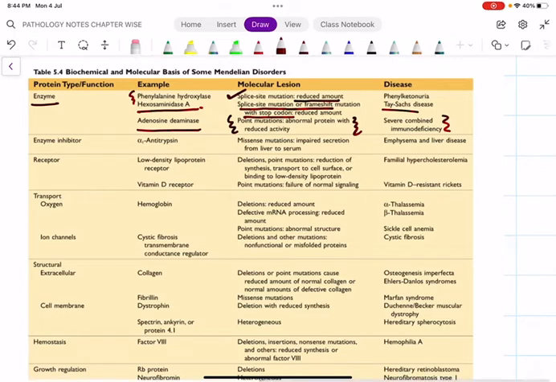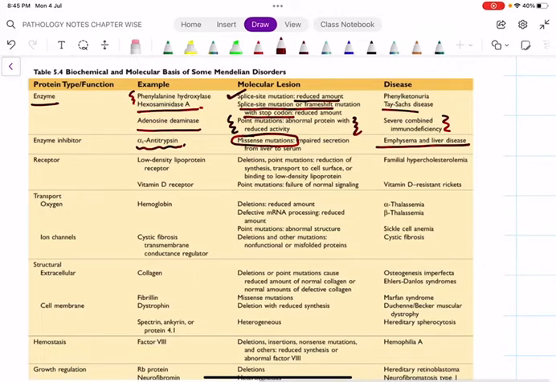Each line is important. Each line can be asked as a question in assertion reason, multiple answer type, or match the following type, whatever it may. Suppose enzyme inhibitor is deficient: alpha 1 antitrypsin deficiency, which is a missense mutation. Disease: emphysema and liver disease.